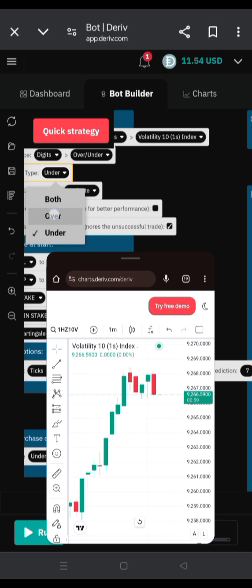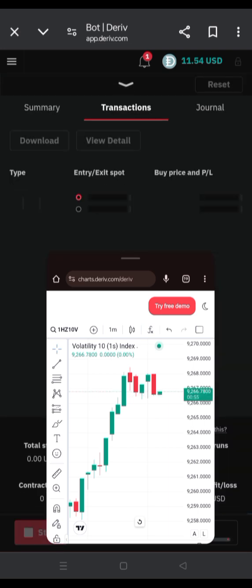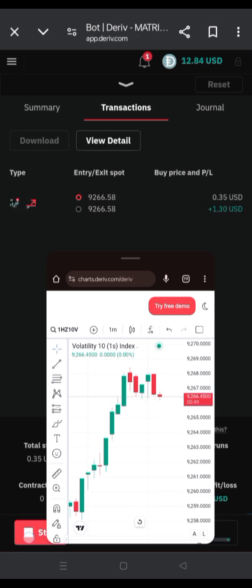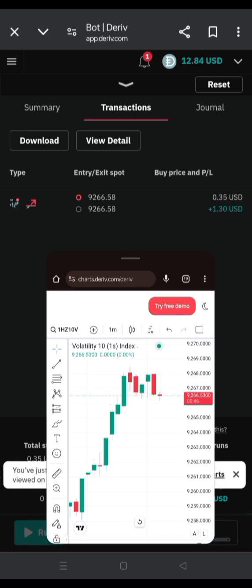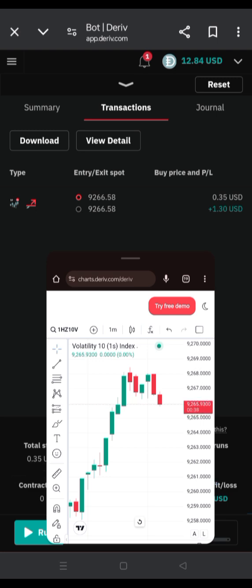So I should do very fast and run this bot very fast like that. Then see whether it's a win with digit 8 has appeared, and then you just stop your bot, wait for the next candlestick to start running.